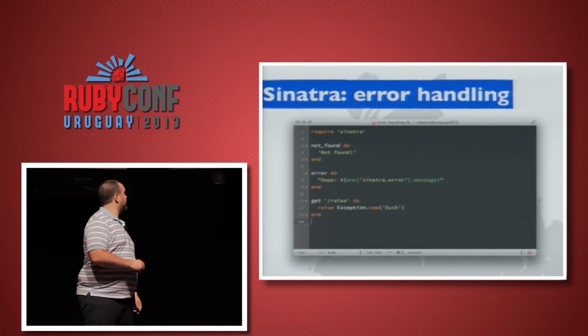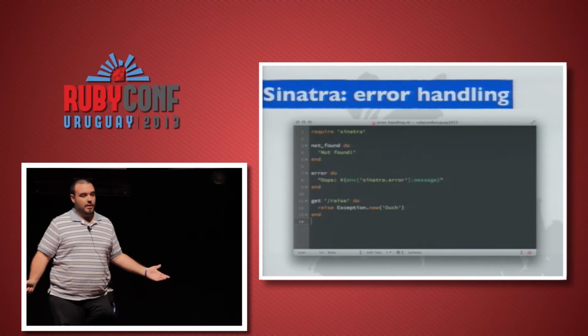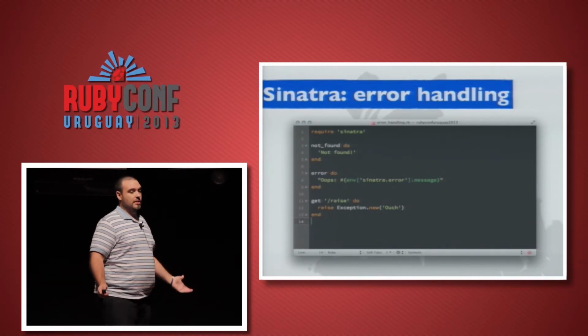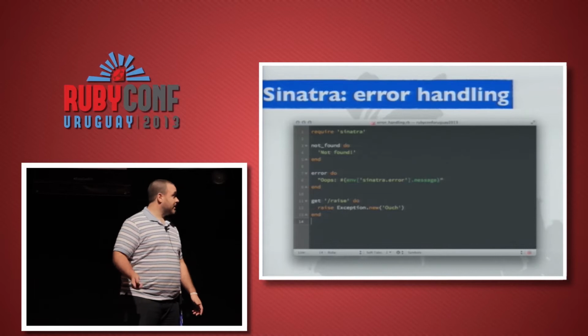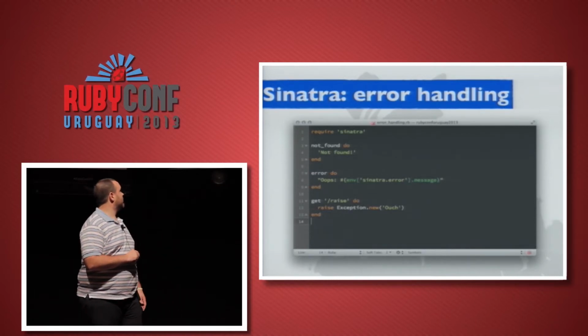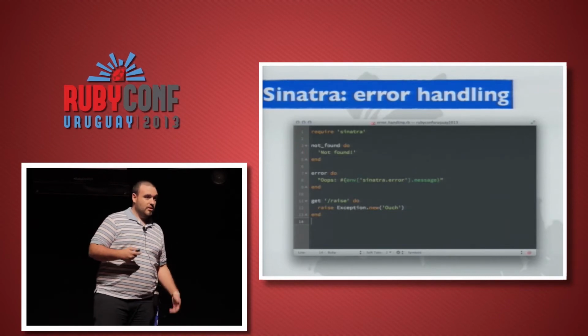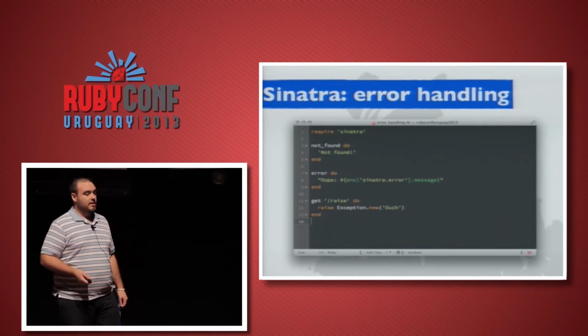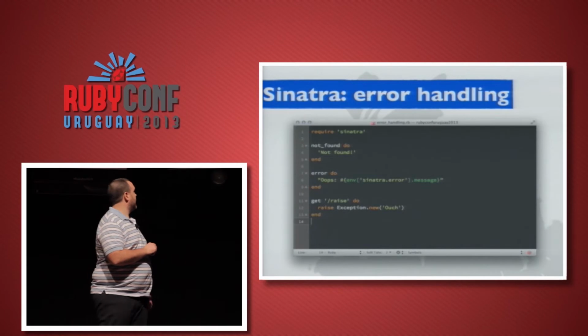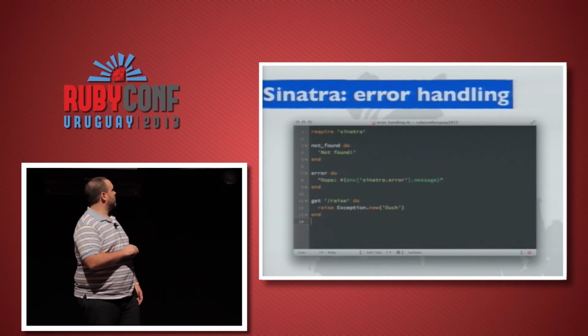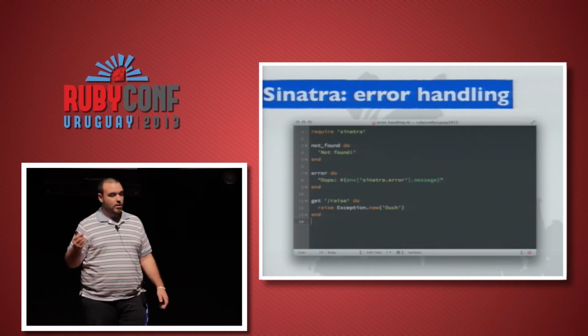We also have error handling. Each action can fail, so what we can do is trap those errors. And so when we send an error 404 when they don't find the action, it will give you back the execution of this code block.